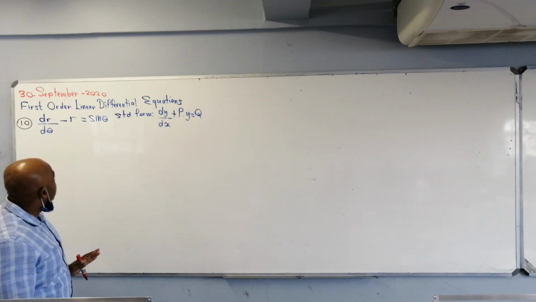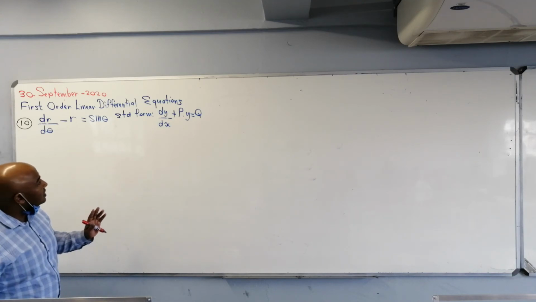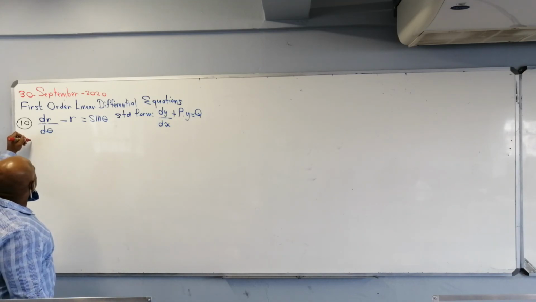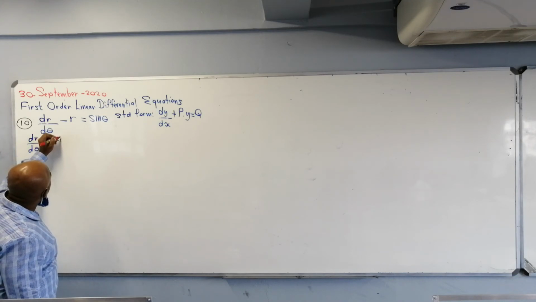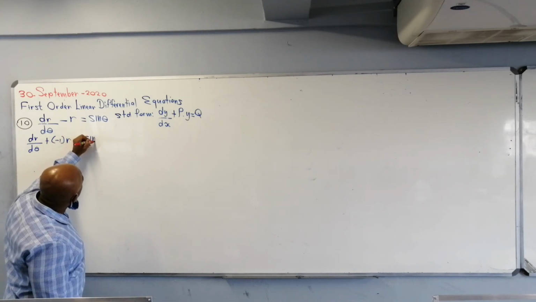Now, first thing is standard form. Our standard form here is dy over dx plus py is equal to q. So here I can write this as dr over d theta plus minus 1 times r is equal to sine theta.